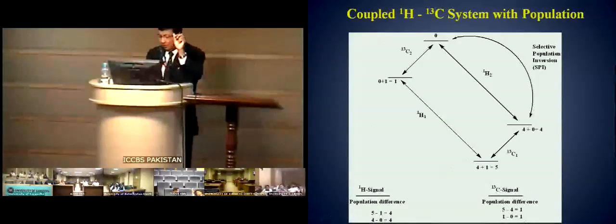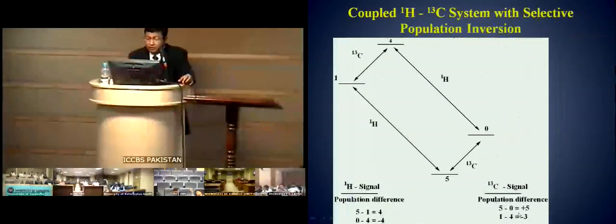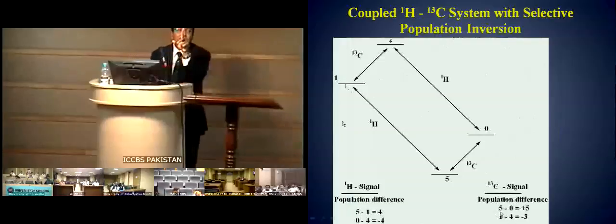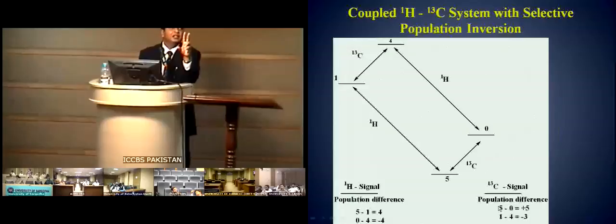1:1 as compared to 4:4 in a doublet. When you have a selective population transfer, then you see a 1, 5 minus 0 is equal to plus 5, and 1 minus 4 means minus 3. You still get a doublet, an inverted distorted doublet, because a doublet is the one which has equal intensities.